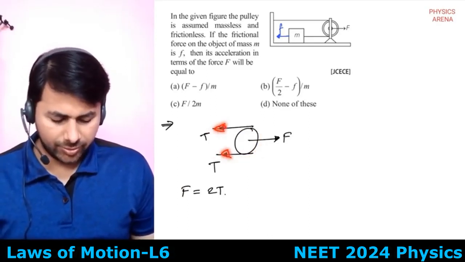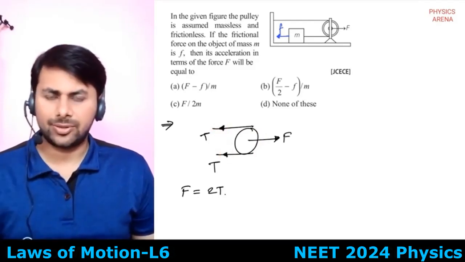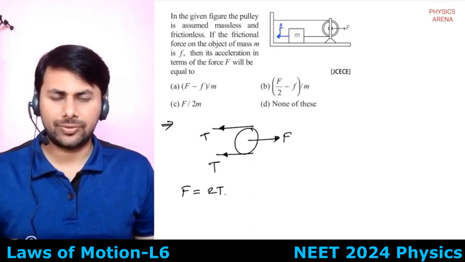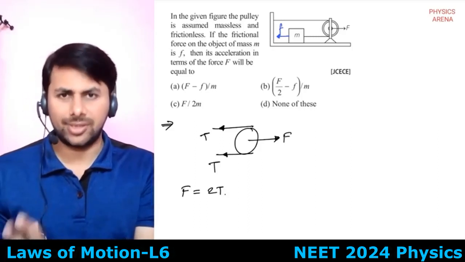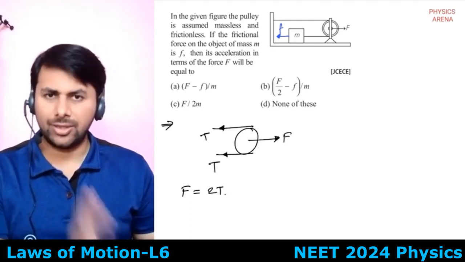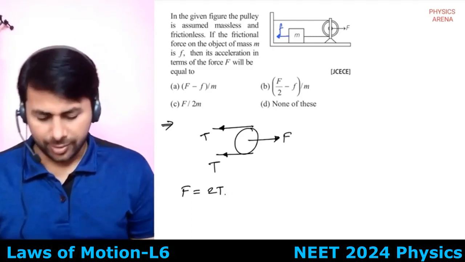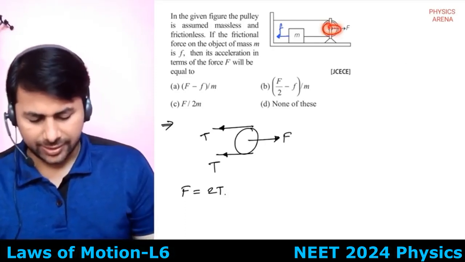Both the tension on this side and this side are towards left. So total tension you can say is equal to 2 times T. Total force towards left is equal to 2 times T. Total force towards right is equal to F, and you will just write F equals 2T. Why? Because this pulley is massless.